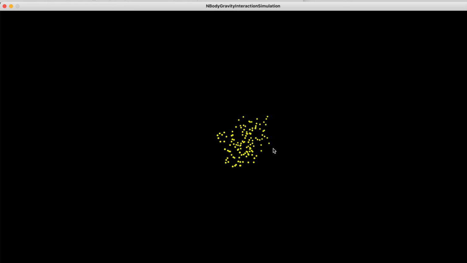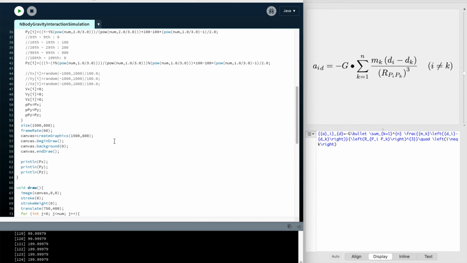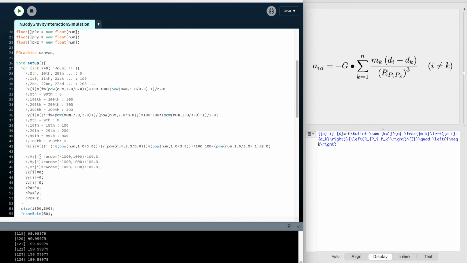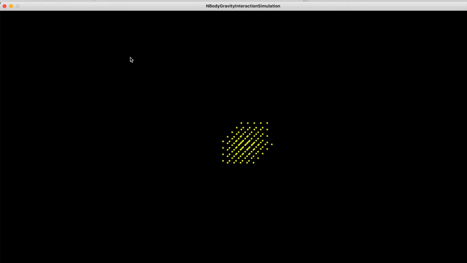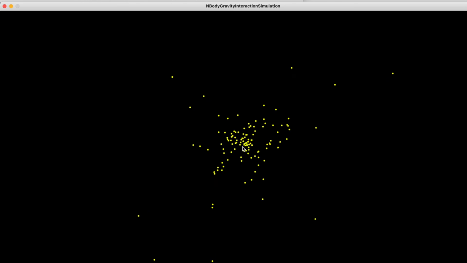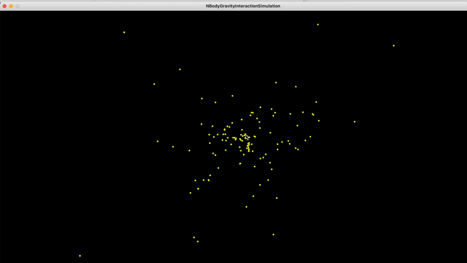Yeah, I'll come back after I solve this problem. I think the problem was that giving the random velocities here was a bad idea, so I didn't do that. And when I don't do that, you can see that the 125 objects slowly come together and then they just go out in their directions. But as you can see, in the small details, they are interacting with each other.